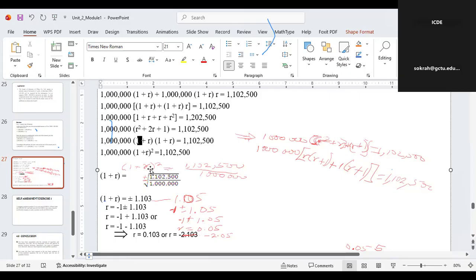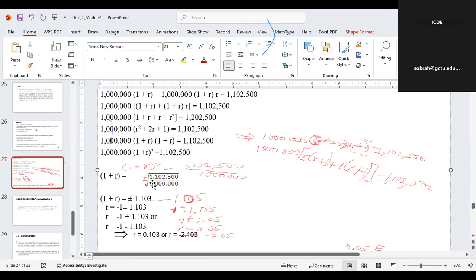So if you take the square root, then the square here will cancel. So that is why you don't see the square here any longer. So we are left with 1 plus R, which is equal to, anytime you take the square root, we have two answers. You get the negative part and the positive side. So that is why you see I wrote plus or minus square root of the figure that the question gave us divided by what? The 1 million.